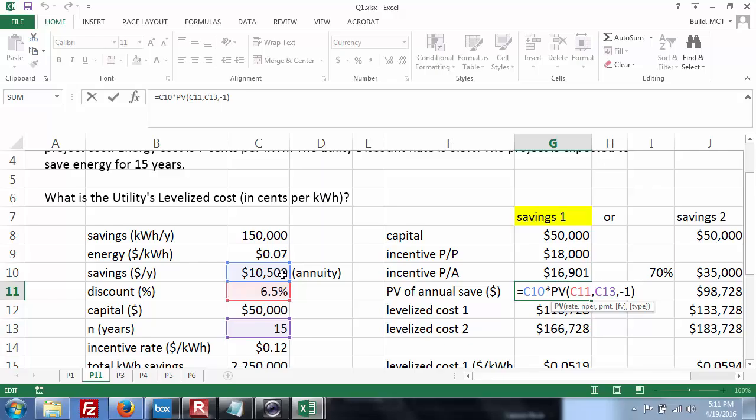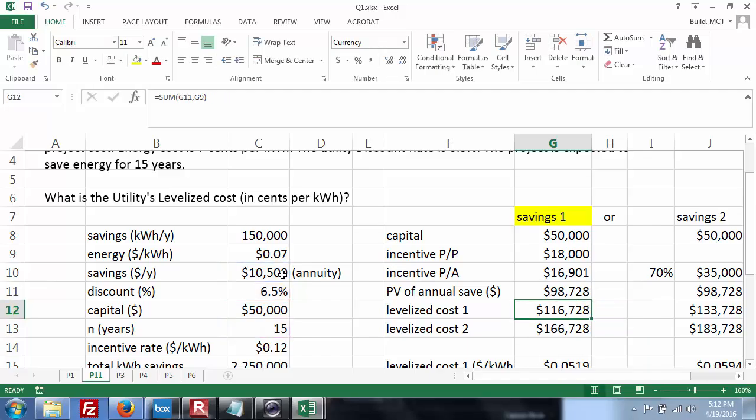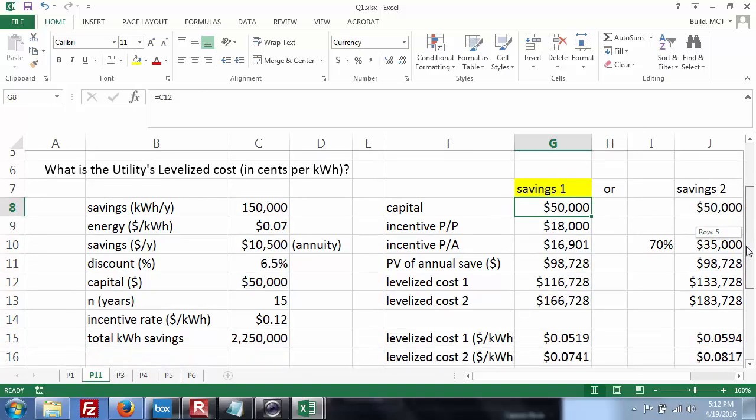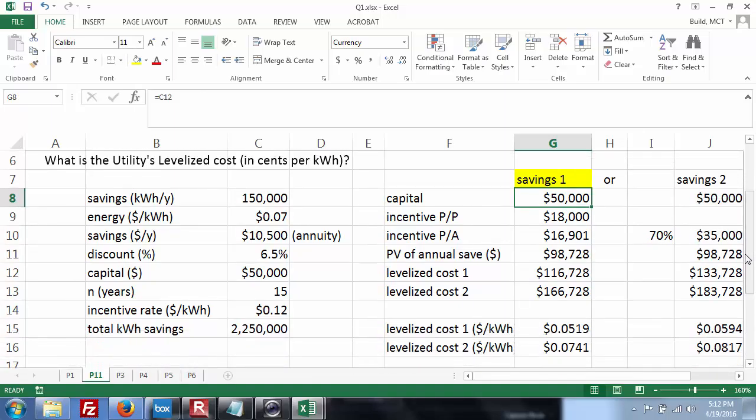Right. Okay. Scratch what I said before. Times C11, which is the interest rate, 6.5%. You're going to run that for 15 years, and there you go. So the present value of the annual savings is almost $100,000. So right off the bat, you double your money. Right? Okay. Good deal, if you've got 50K sitting around.